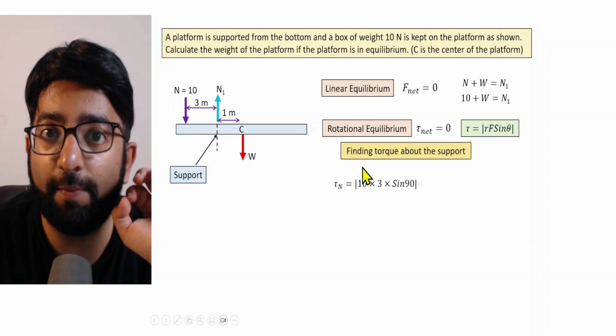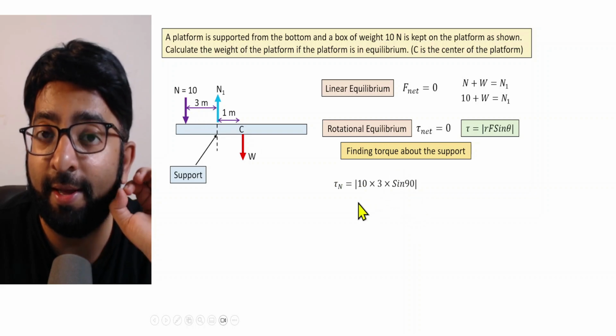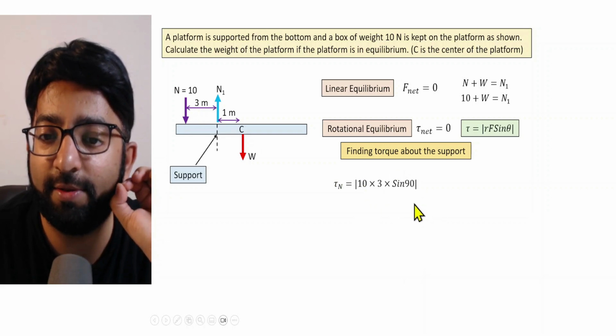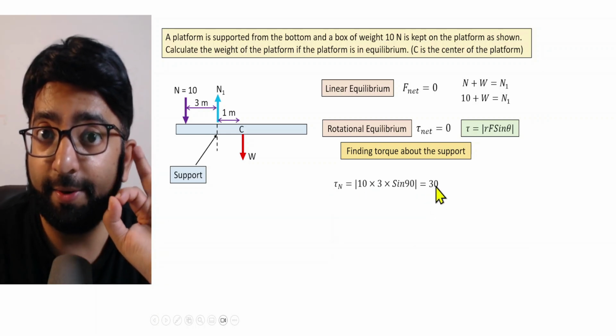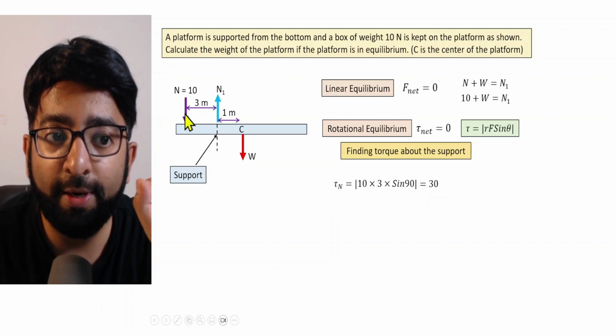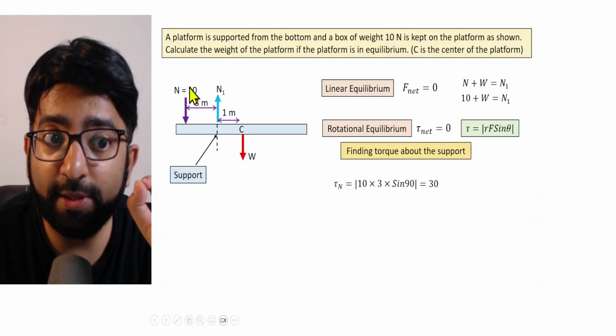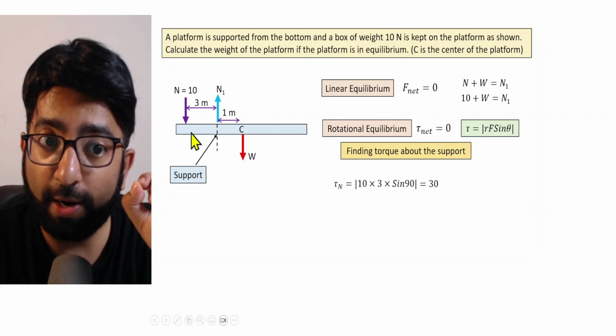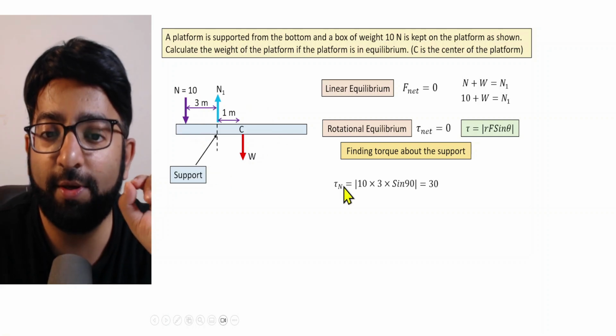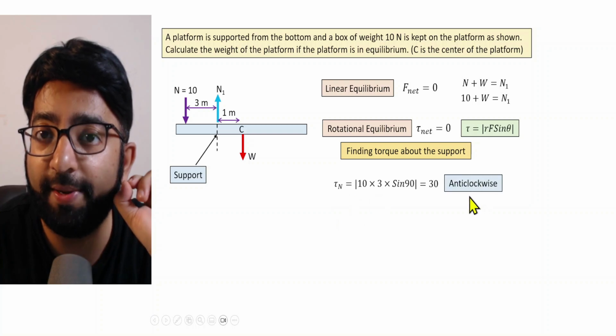Simplifying, we get 30 newton meters, of course. This is only the magnitude, but the direction is also important. This force acting downwards has a tendency to rotate the platform in an anti-clockwise fashion. So the torque due to N will be anti-clockwise.